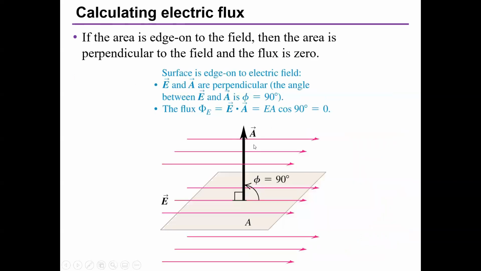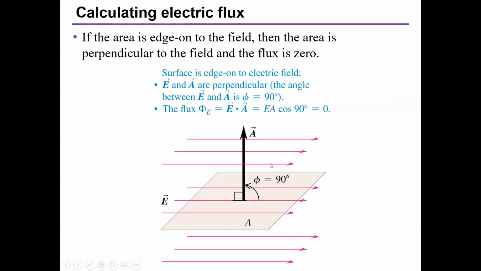In the third scenario, this could be the case. In this case, this surface A is edge on to the electric field, right? So in this case, no electric field lines are passing through this surface, and the angle between this area vector A and the electric field lines is 90 degrees.